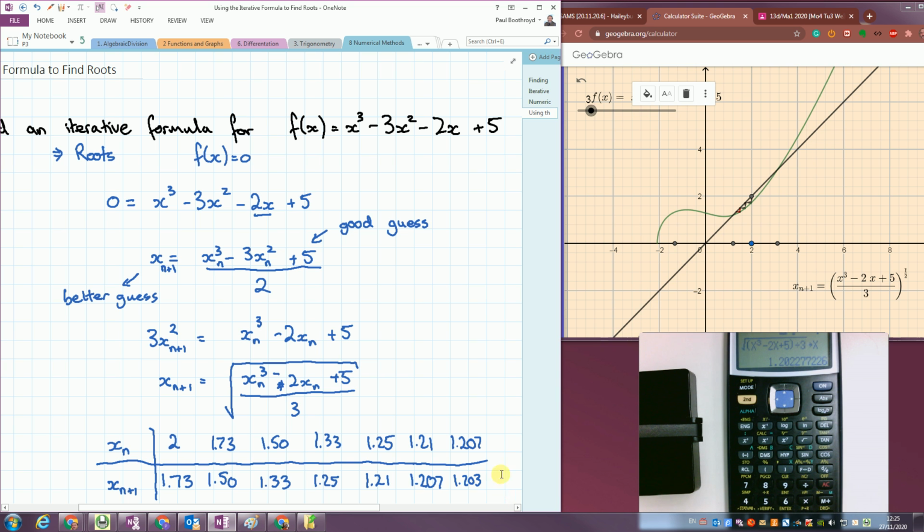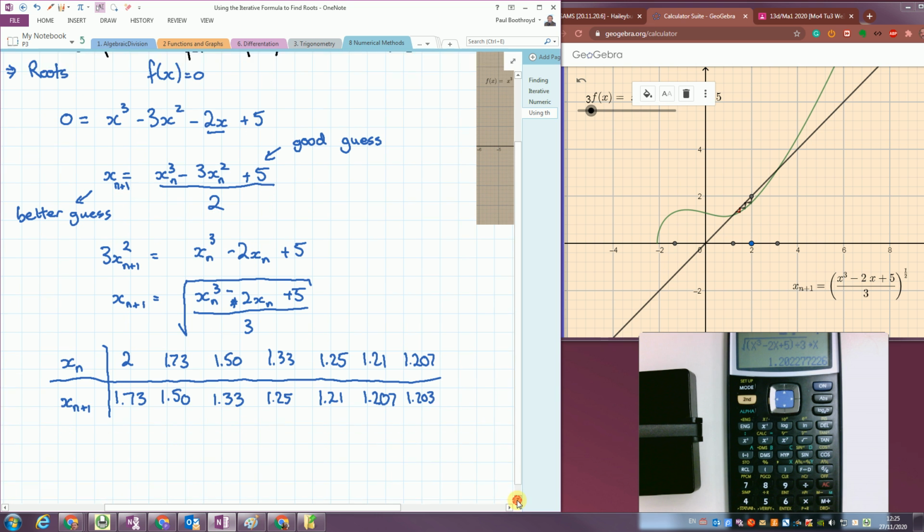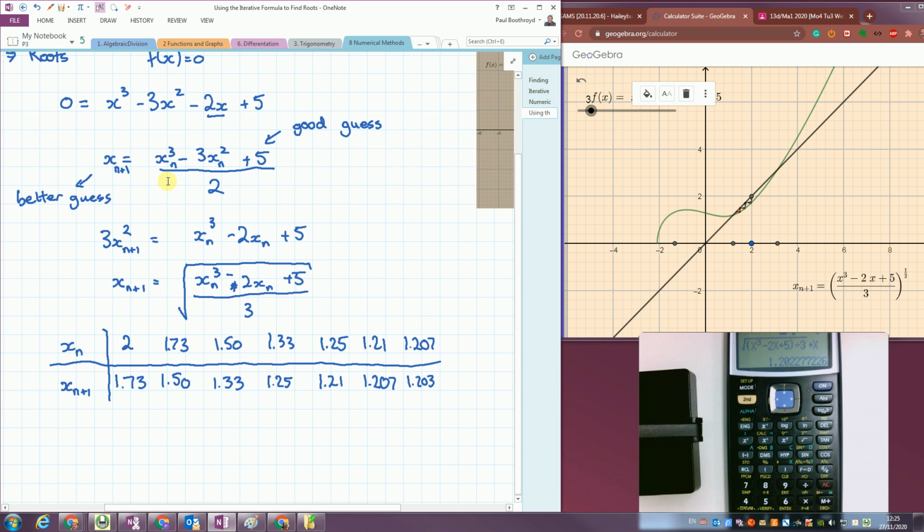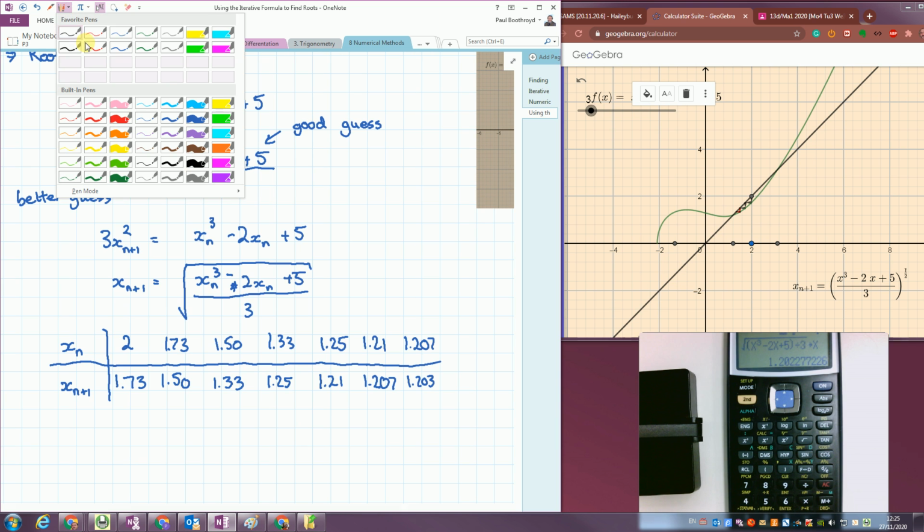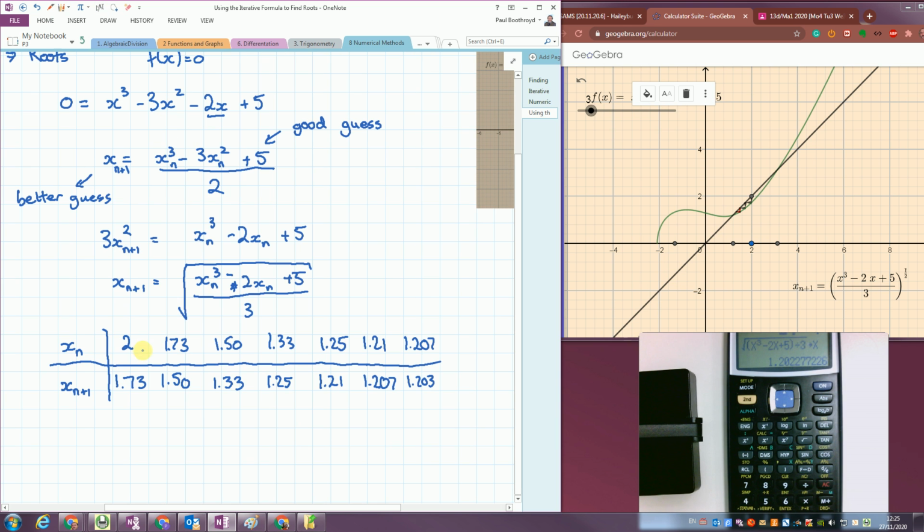So if I was asked for this to 1 decimal place, we would estimate. They may say after 1, 2, 3, 4, 5, 6, so my 6th iteration gives me an answer of 1.207, and my estimate would be x as a root is approximately 1.2.